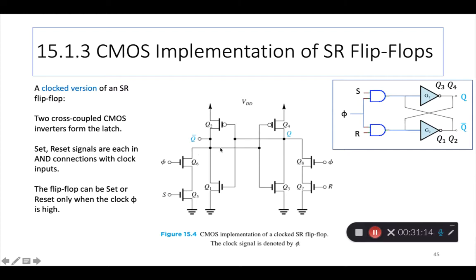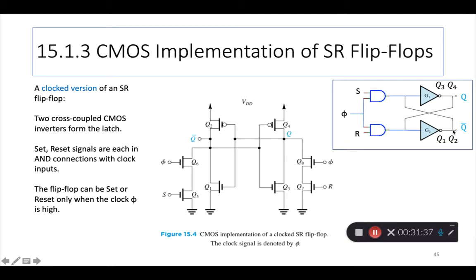And the output of this AND circuit, the S shown here, is then fed to the inverter. Similarly, the output of reset and phi is fed to the other inverter, G2, which consists of Q1, Q2.